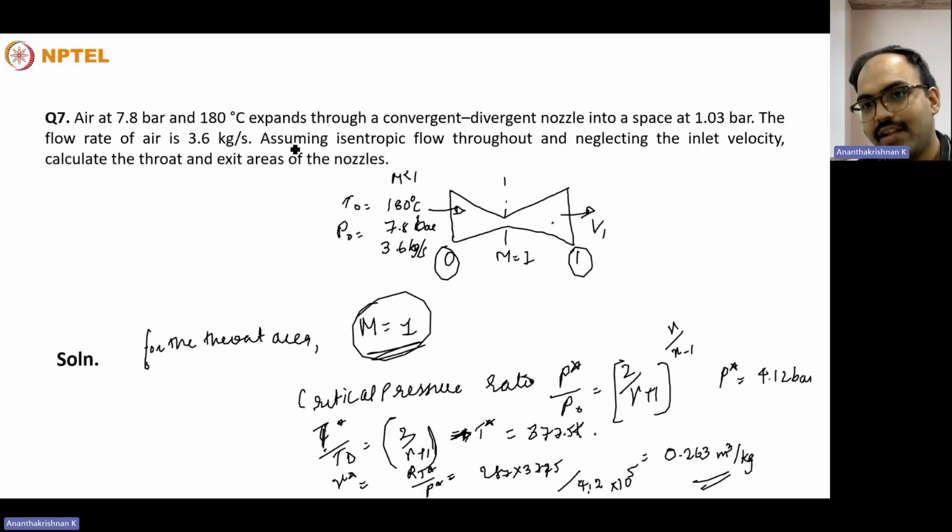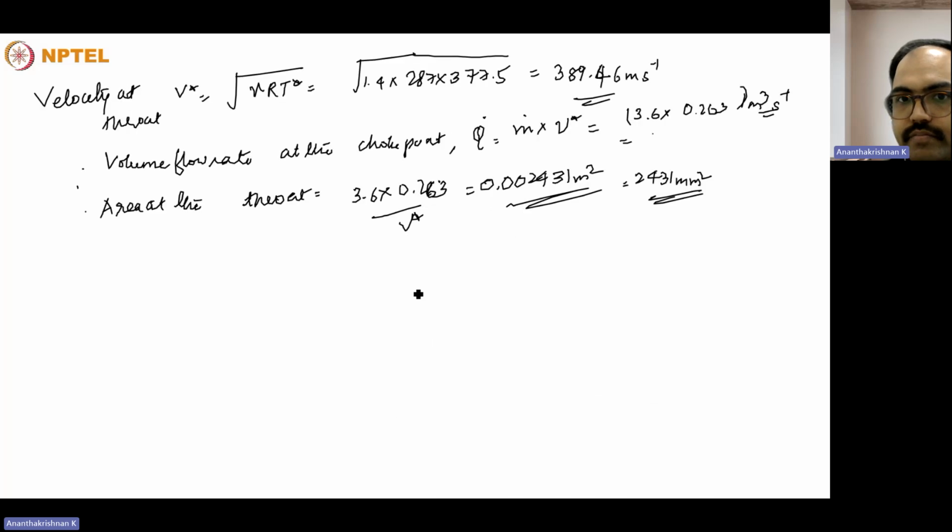So we had just calculated the pressure, temperature, and the specific volume at the throat point. We know the mass flow rate. Using the mass flow rate and the specific volume, we determine the volume flow rate. We have already calculated the velocity at this particular point using this formula: V is equal to root of gamma RT star at the throat point when Mach number is equal to 1.